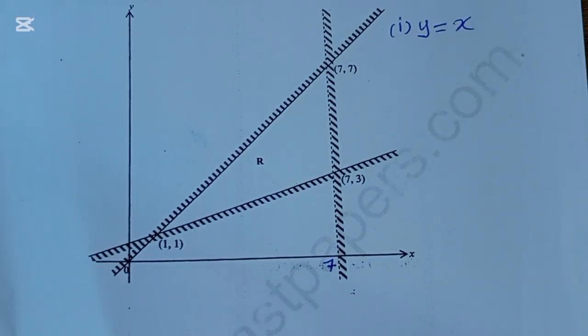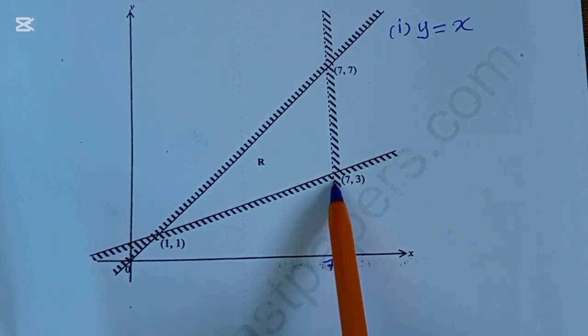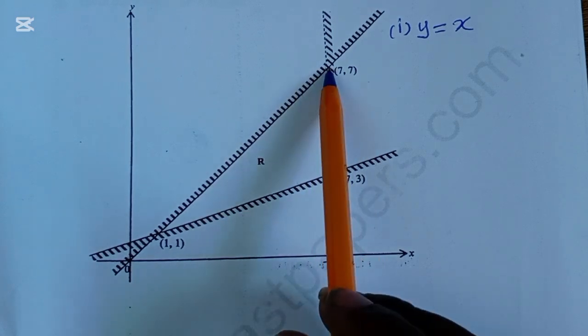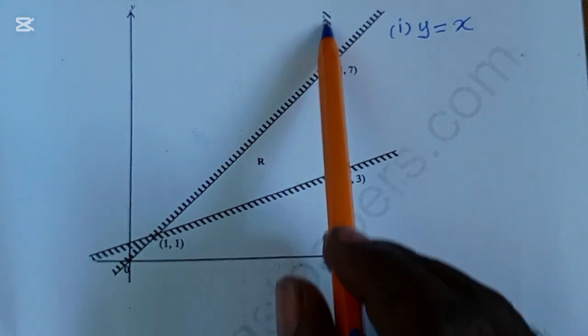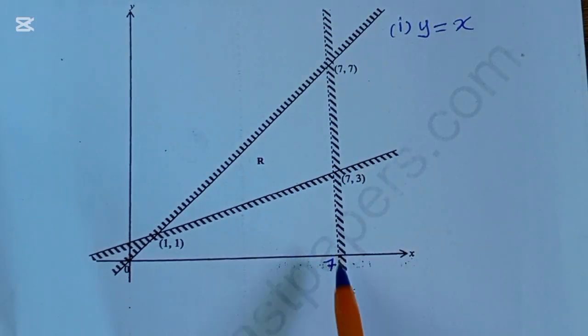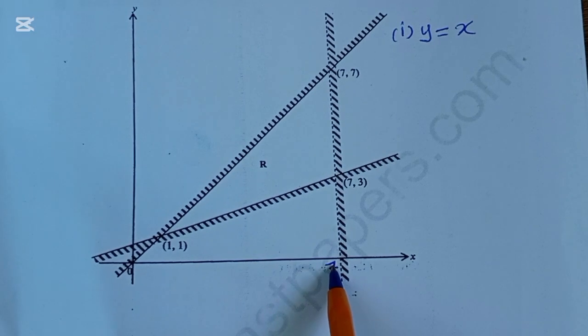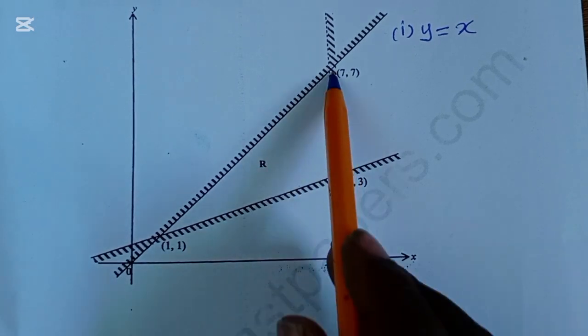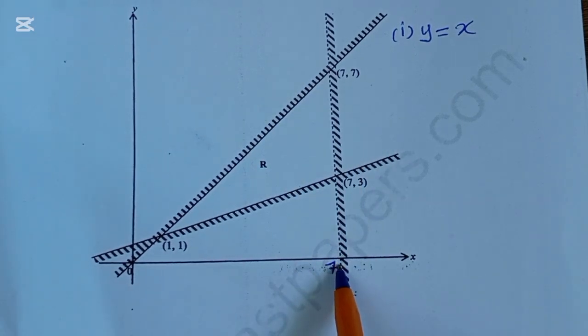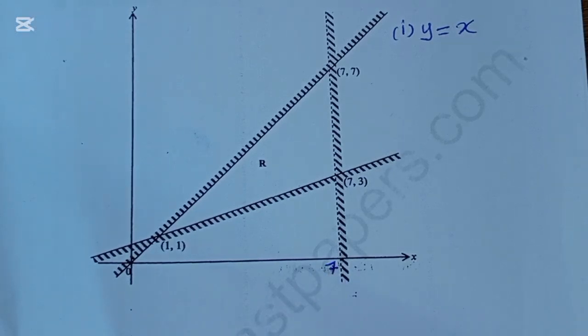Then equation 2, we have this line. Okay, so we have 7, 3, we have 7, 7. So this is a special line. It is cutting x at 7. Okay, 7 is constant. So this is x is equal to 7. So this line, it is called x is equal to 7.